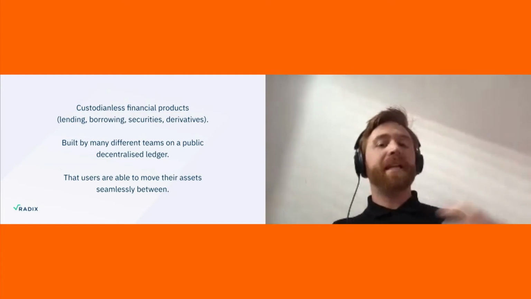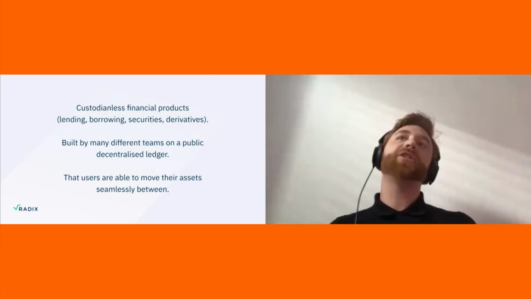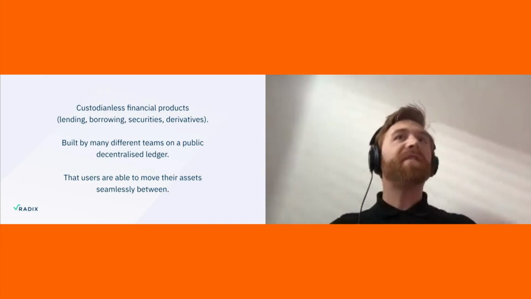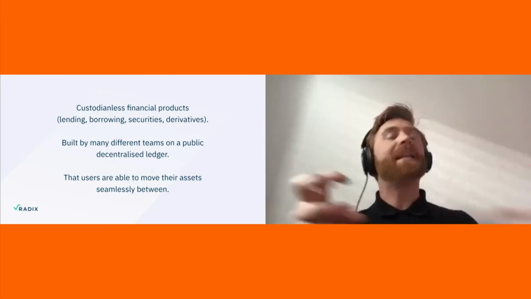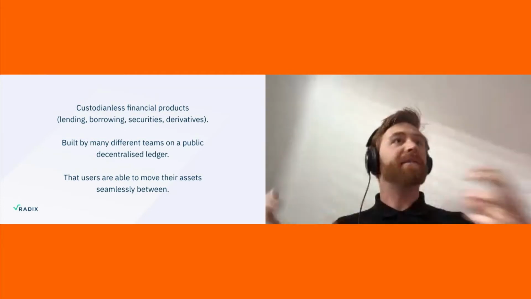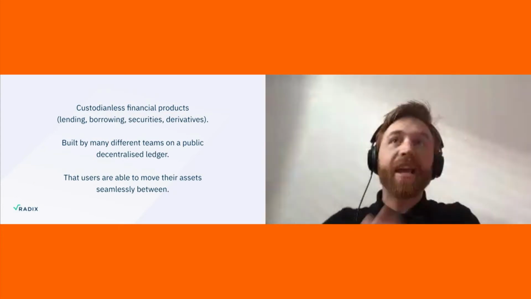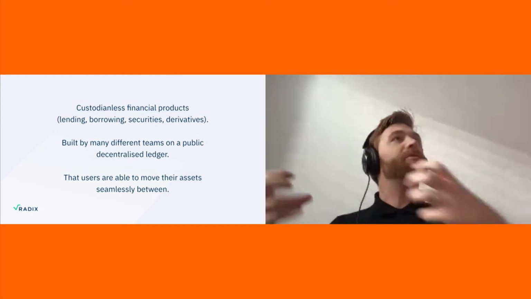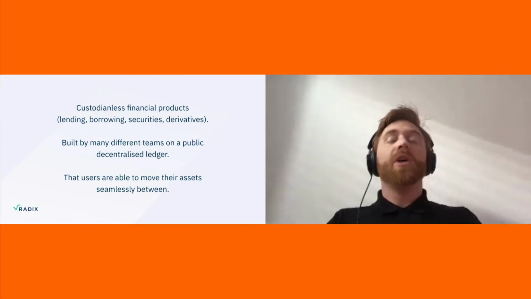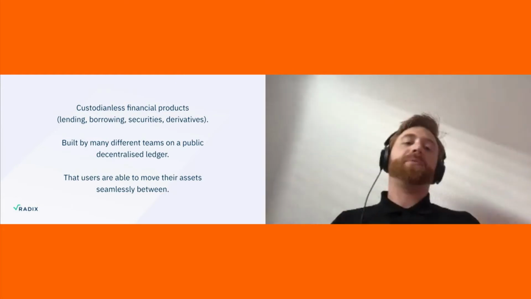Built by many different teams on a public decentralized ledger means that there's this single fabric underpinning everything else, that many different teams are able to get involved, that they're able to build on the same fabric. And so what you get is this last bit, which is users are able to move their assets seamlessly between, which is one of the really key magic points of DeFi.